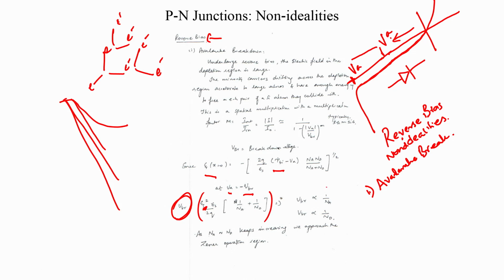If you write these expressions in this manner, you find that the breakdown voltage is inversely proportional to the dopant concentrations. So, if I dope it very large, the breakdown voltage decreases.